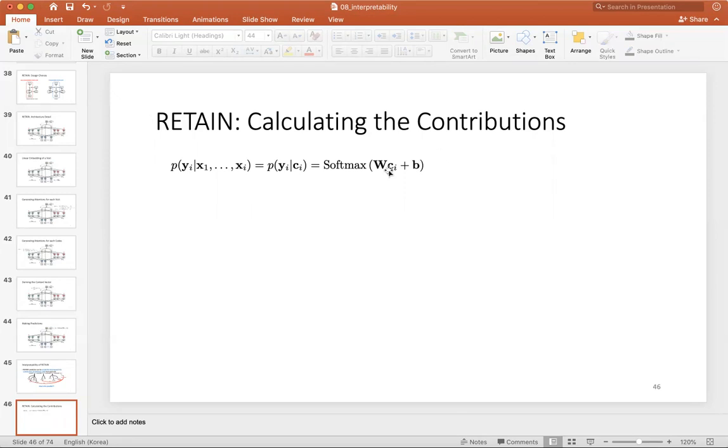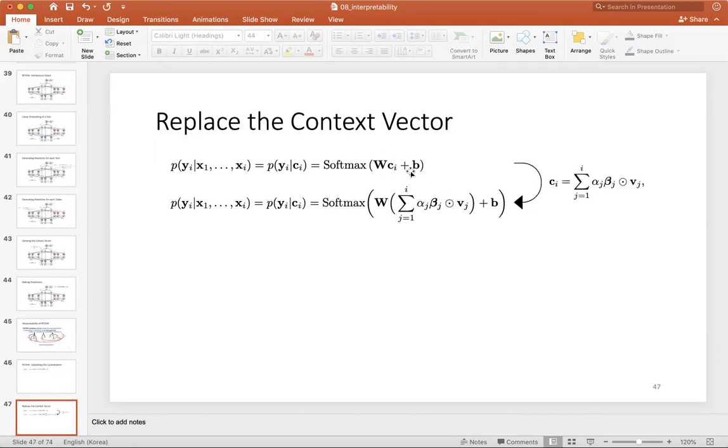All right, so backtracking from the prediction step and going back to the encoding step. Your final prediction, given a context vector, y_i, would be a softmax function accepting W C_i plus b. W and b are the final linear operation, and C_i was your context vector. So you can simply replace your context vector with this.